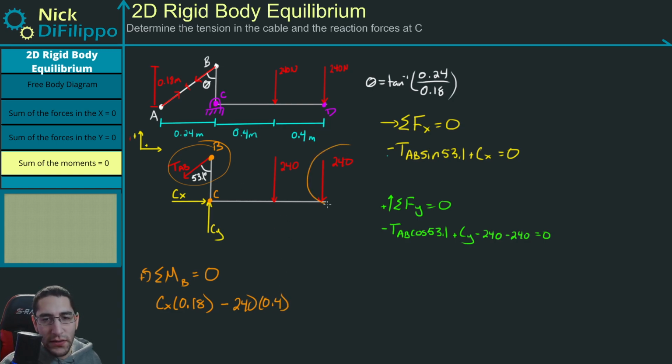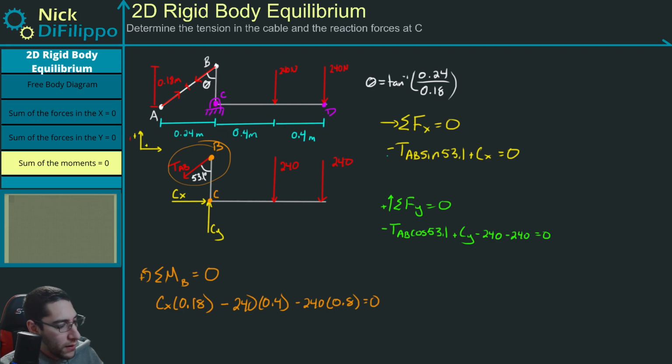And then this is going to be the same thing. It's going to rotate tail first. So it's going to be minus 240 times 0.4 plus 0.4, or 0.8 meters. And this is equal to 0. So now we can actually just solve for what Cx is.